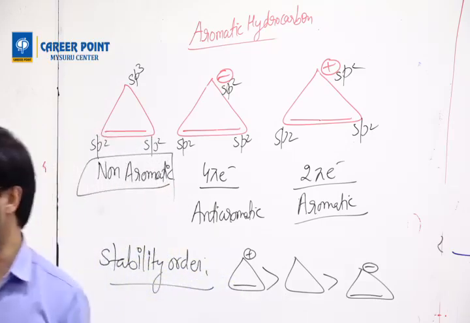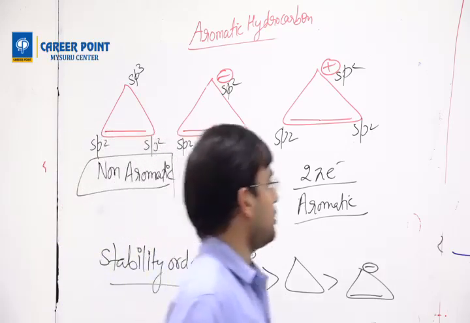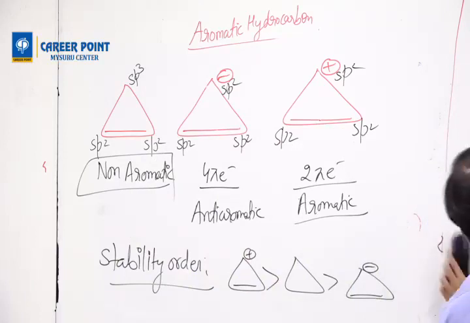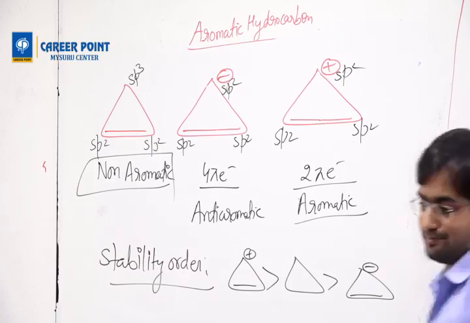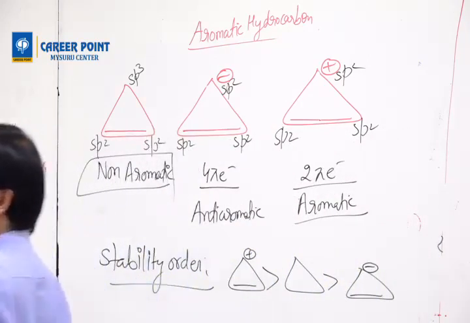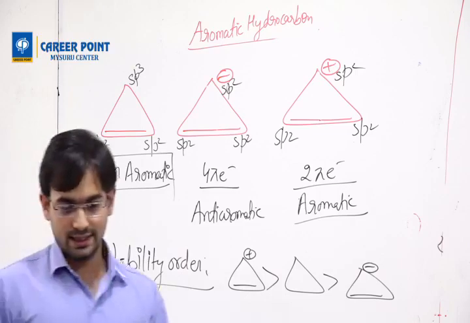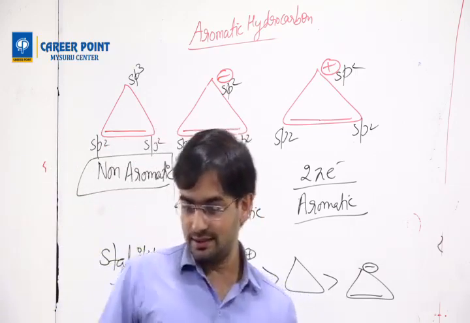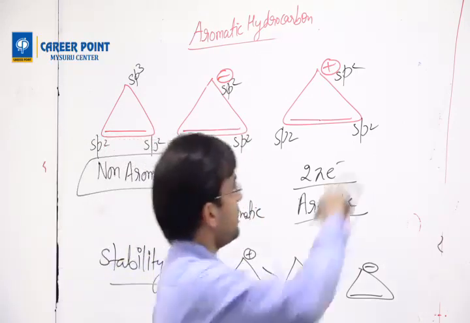Yes, 3-4 people have given the correct answer. Remaining people are not even trying, those who are simply watching. What will you do after watching all this? If you don't solve, there is very little chance that you get marks in the exam. So you have to try.